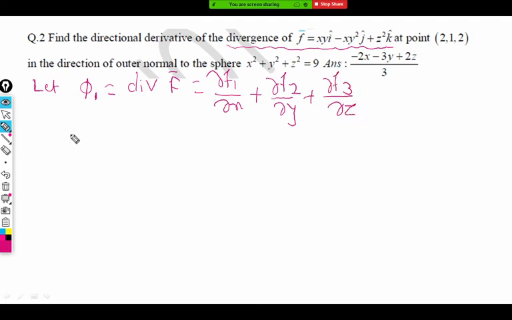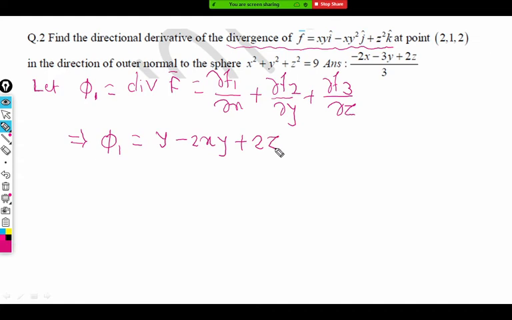So this gives us the value for phi 1, the divergence of f bar. Anyone tell me what is ∂f1/∂x? It's y only, correct. ∂f2/∂y? 2xy, very good. And ∂f3/∂z? 2z, very good.